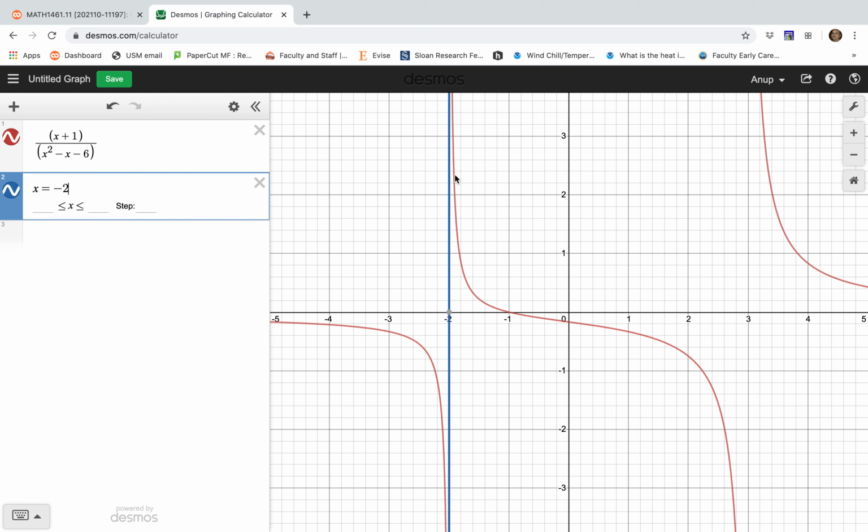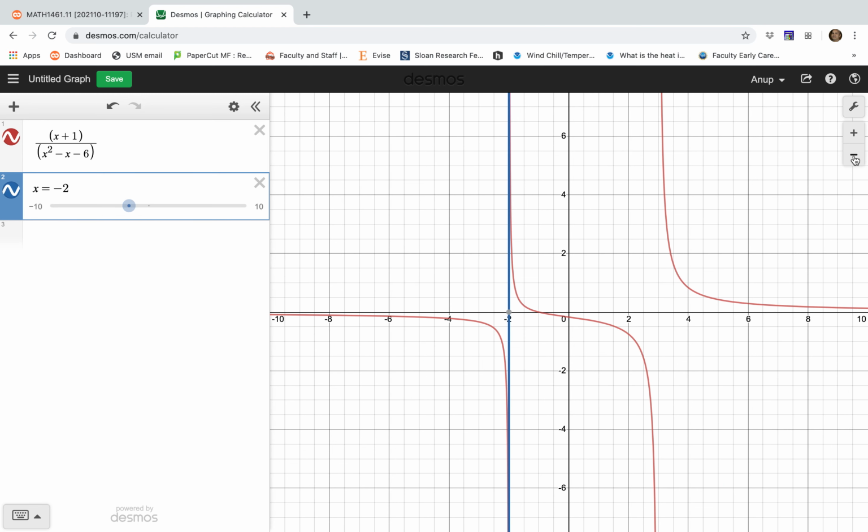So we have this function, and we have this line x equal to -2, this vertical line. You can see whenever we go closer and closer to that line from the left hand side, this function is getting smaller and smaller, or it's decreasing without any bound, right? If you zoom out, you can see it's just getting smaller and smaller.